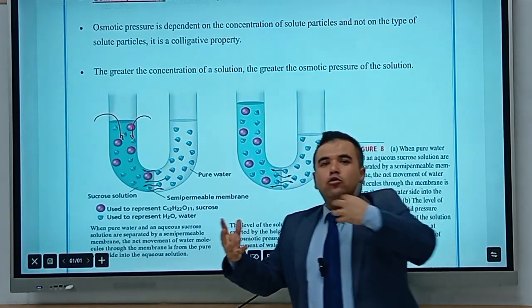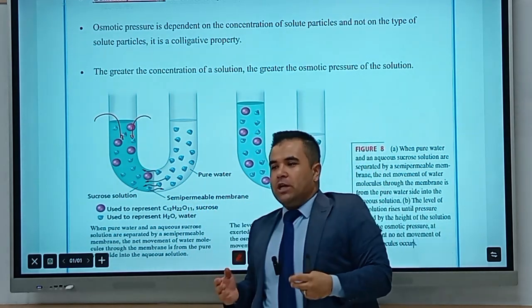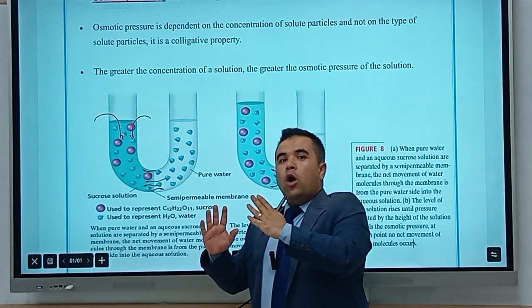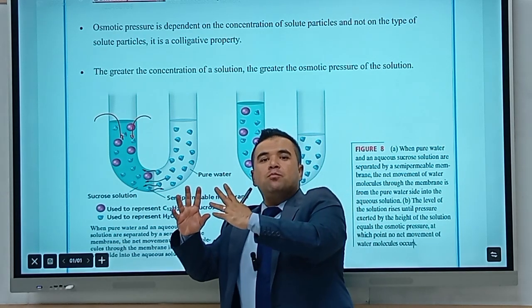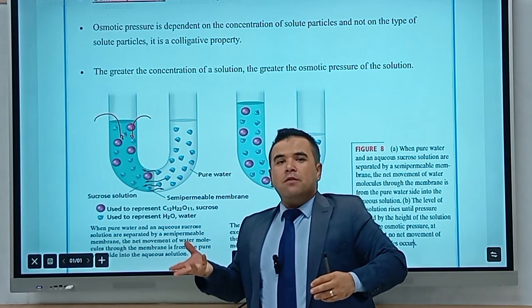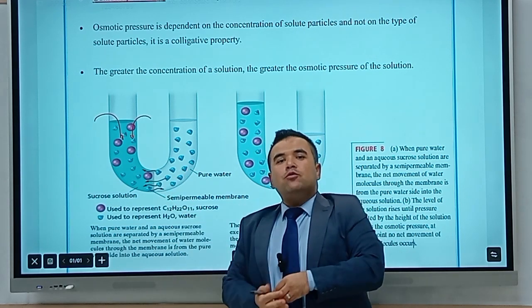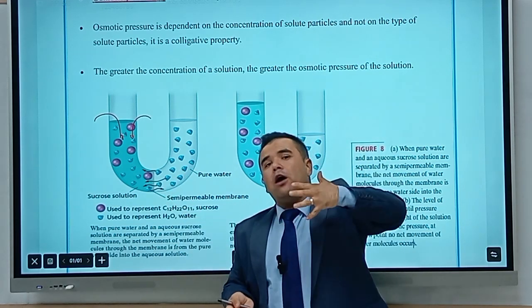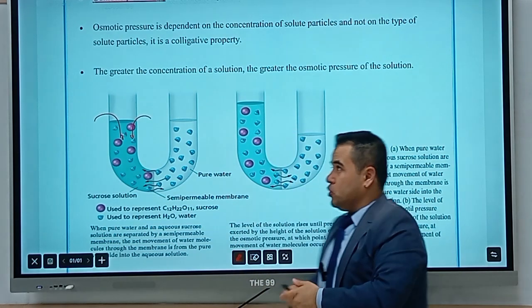And as more water moves to the high concentration side, the osmosis becomes greater, the pressure is greater, and it elevates the level of the solution more, so we have to provide a higher osmotic pressure to stop the osmosis.